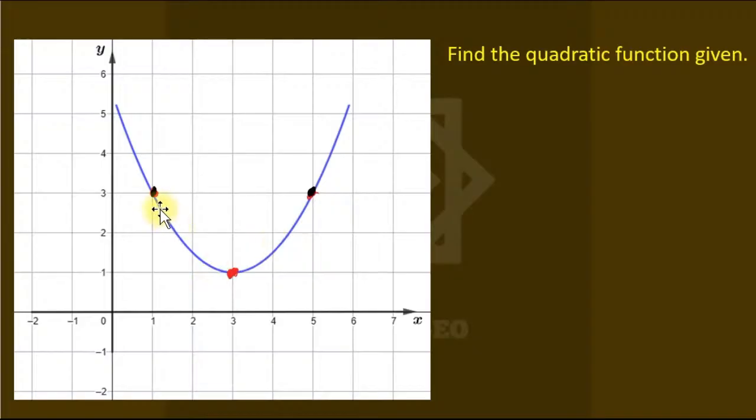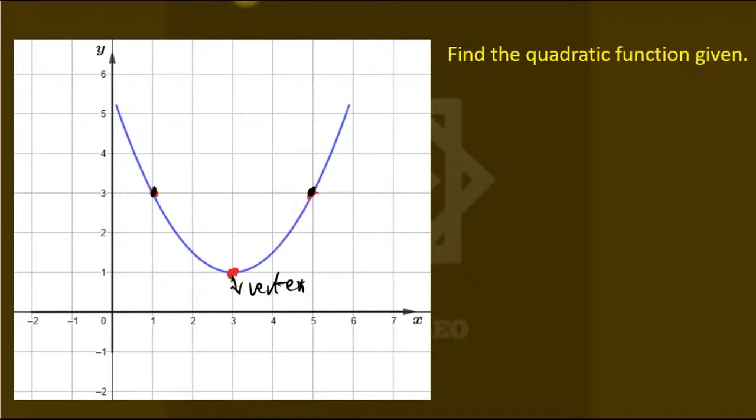Check. Let's count: 1, 2, 3. From 5: 1, 2, 3. So that makes this the vertex. So this is the vertex of this curve. So let's now solve.